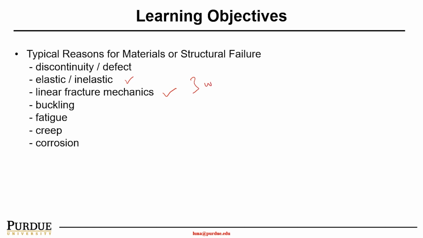We'll also briefly overview buckling and fatigue. We will spend 1 week, week 3, on creep, which is a very important property for a lot of civil engineering materials, even including concrete. And then we will touch upon some properties on corrosion.